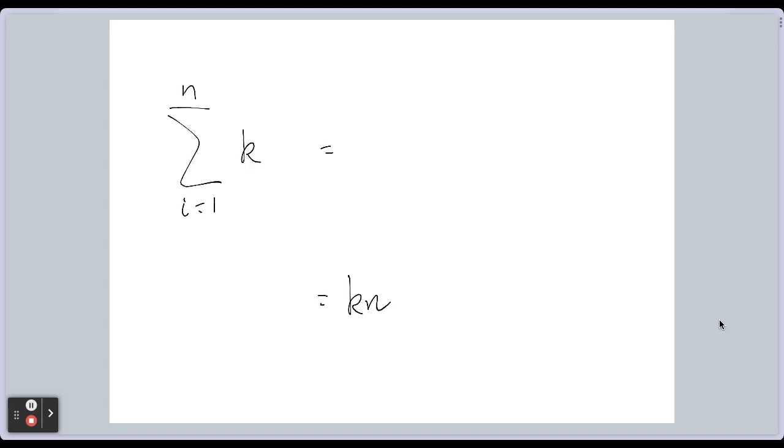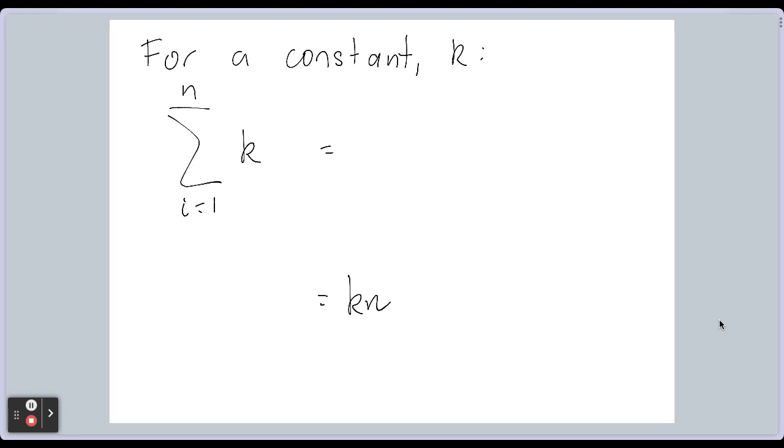Okay, a couple of things. For a constant k. So when I say constant, I mean that it's just a number like 6 or pi. The number doesn't change. There's no variables involved.